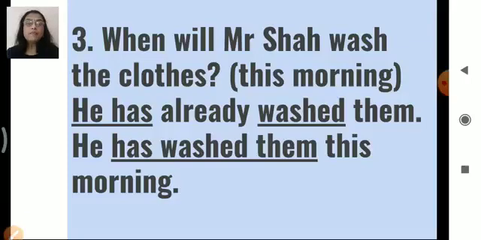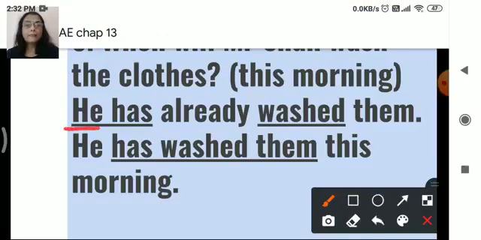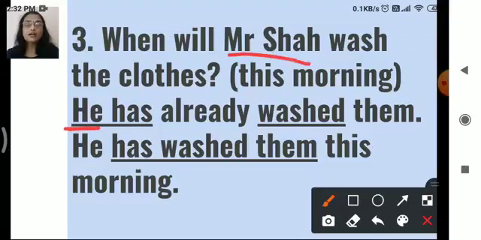When will Mr. Shah wash the clothes? This morning. So our answer will be he has already washed them. Okay, what we have used here? Yes. Now you can see we have used he. Okay, and we have not used Mr. Shah. So instead of Mr. Shah, we have used the pronoun for Mr. Shah, that is he. Right? So he has, we have already added here already, washed, ed, right?